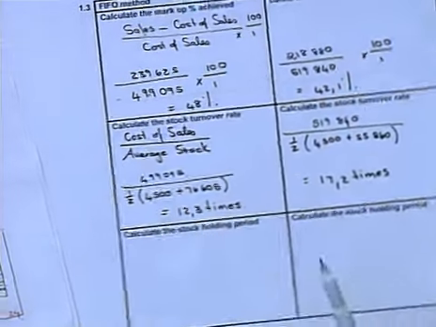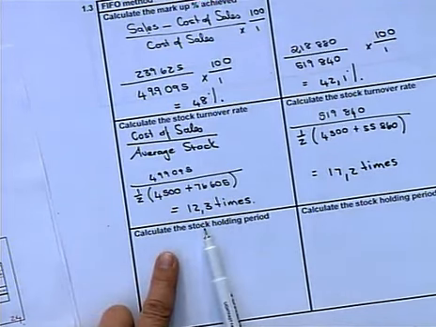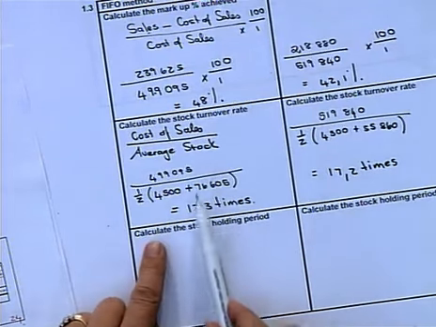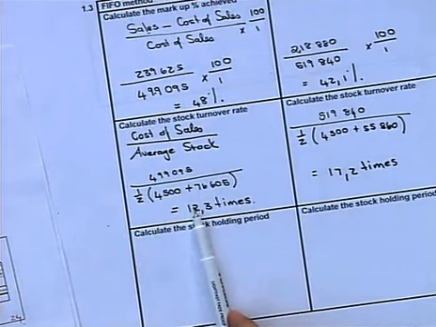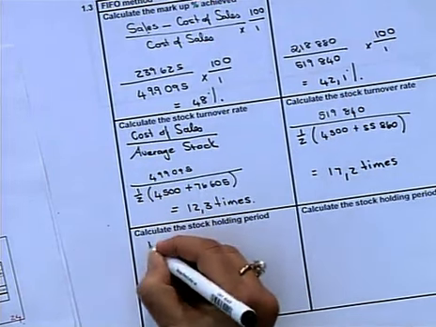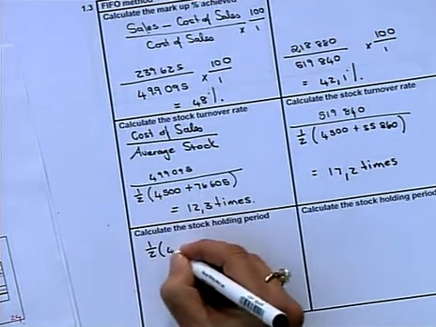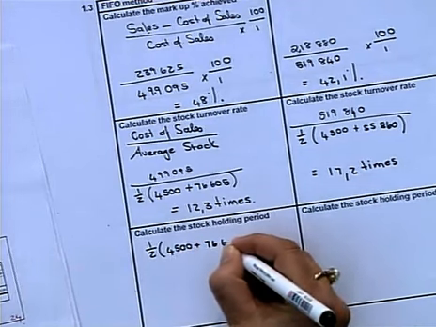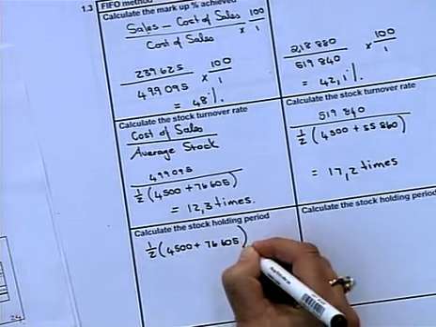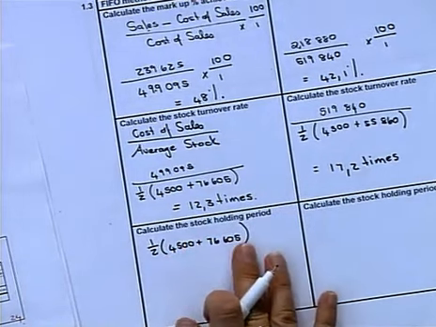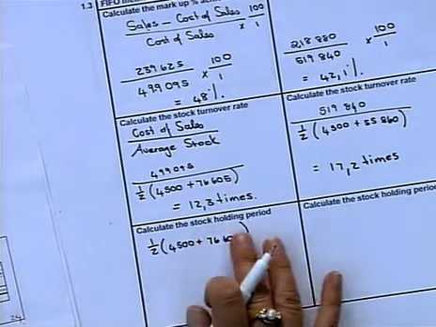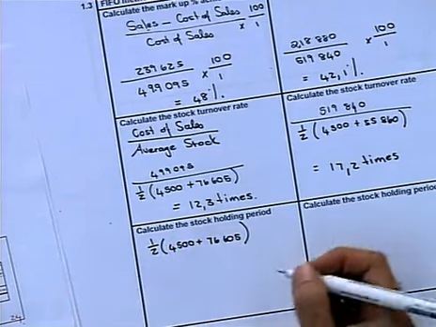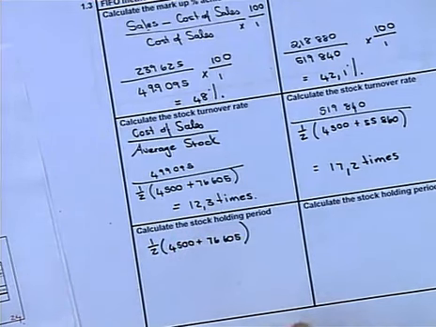Okay. Now, let's get back to the stock holding period. I want to work with average stock. So I'm going to work with half of what I started off with plus what I had at the end of the year. So opening plus closing divided by 2 to get average, because it's two values that I'm adding together.